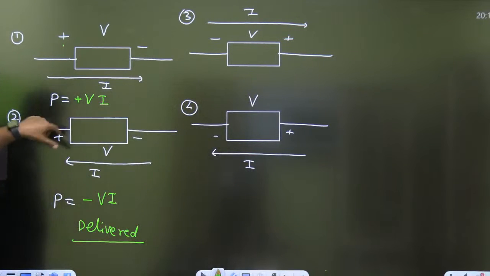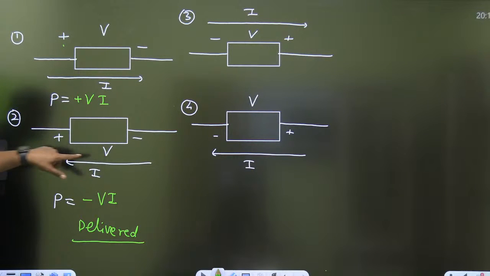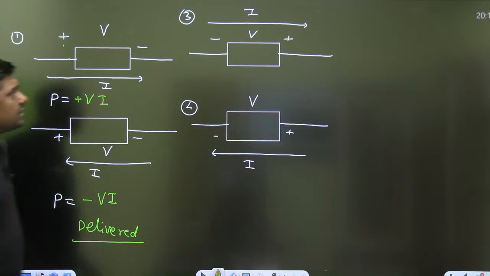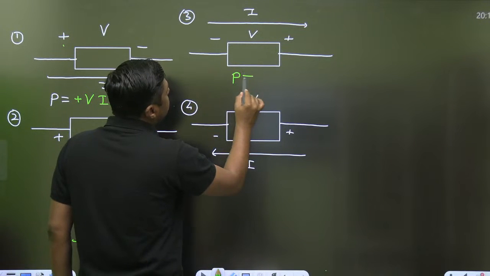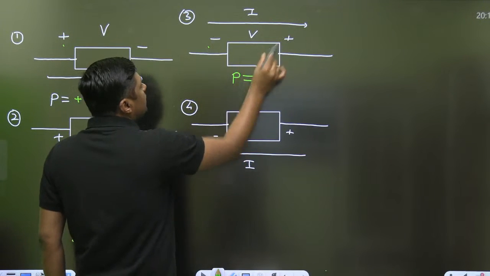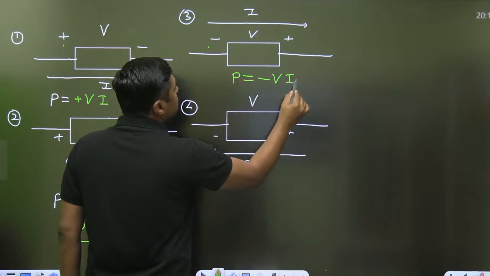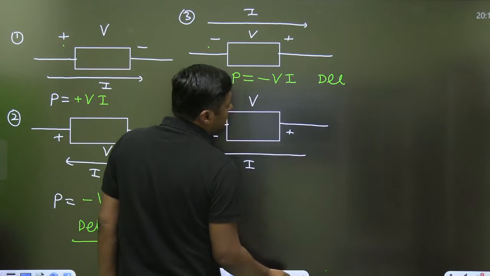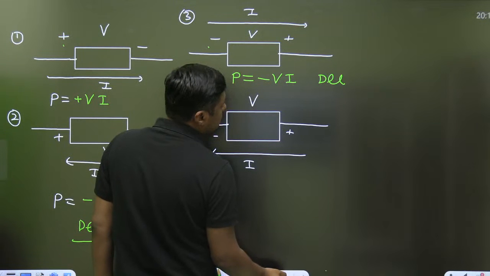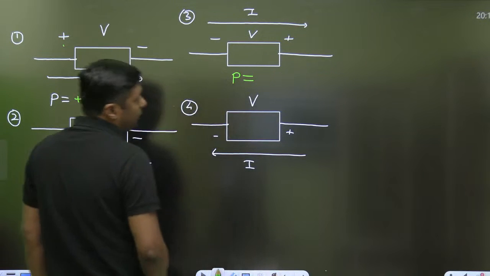So always watch the polarity of the voltage and the direction of the current. Similarly, here the current enters through the negative and leaves the positive. What will be the power? Minus VI, delivered. Power delivered by the element.